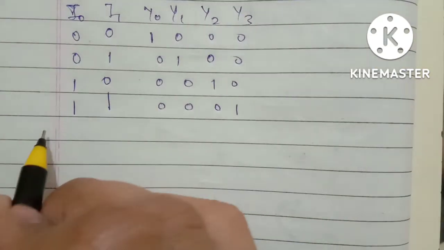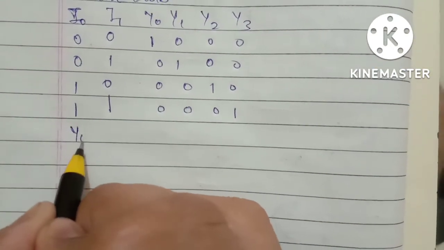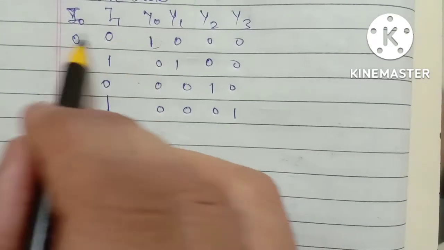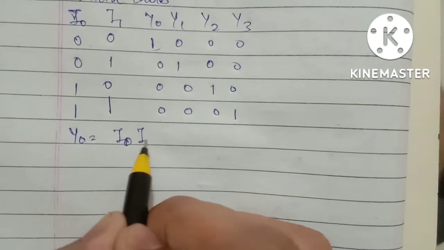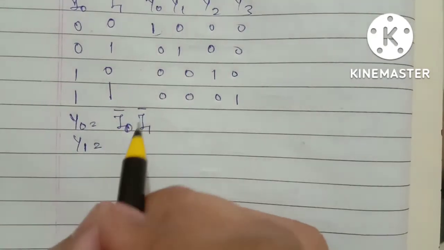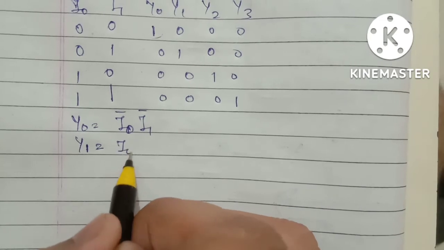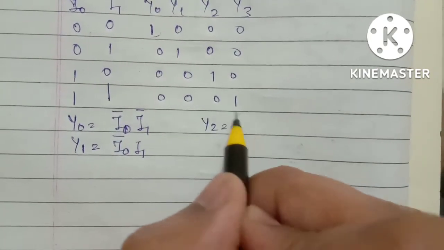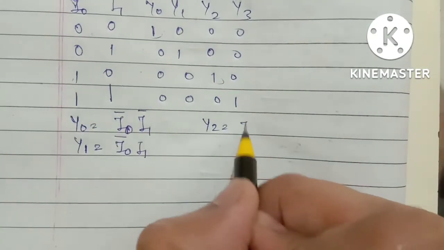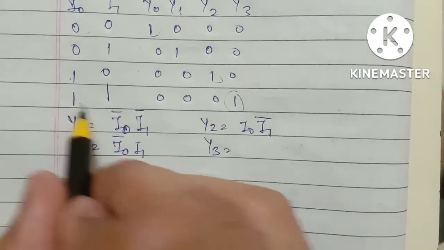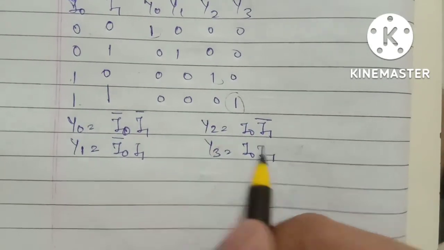Y0 is I0 bar I1 bar. Y1 is I0 bar I1. Y2 is I0 I1 bar. Y3 is I0 I1.